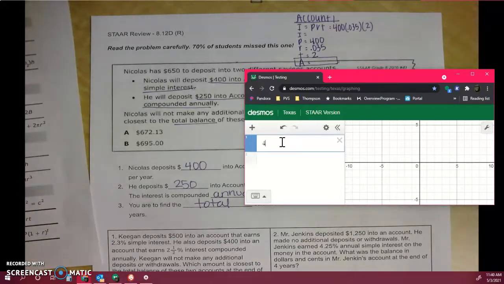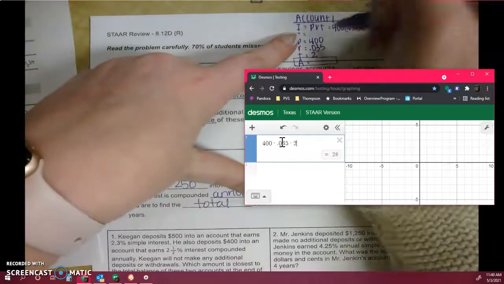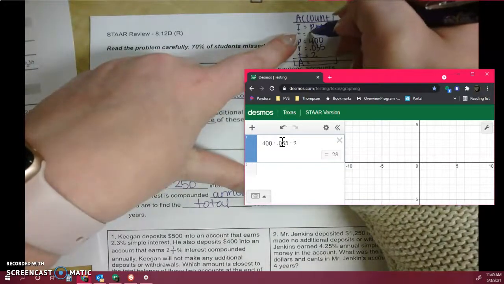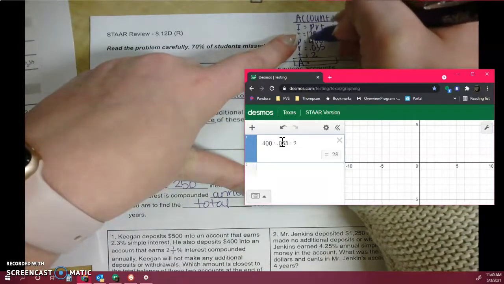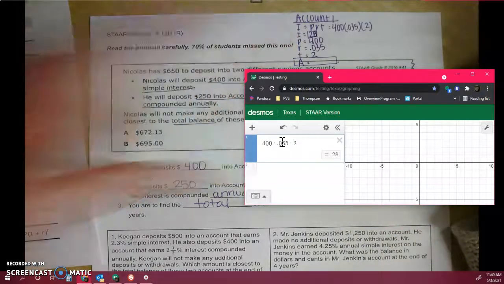So 400 times 0.035 times 2. Our interest earned is 28.